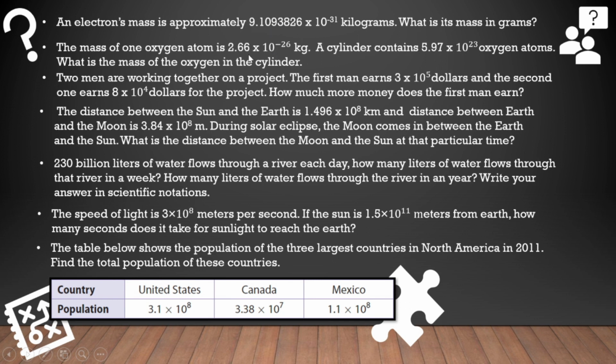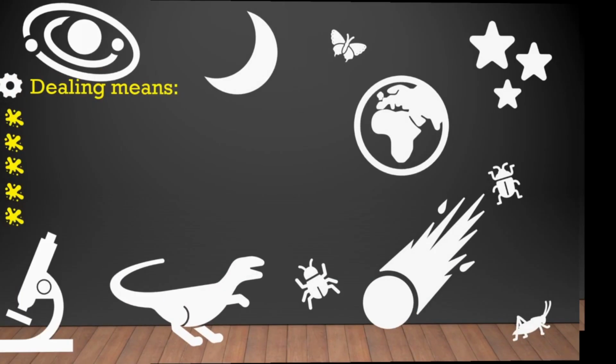This is very small and this is very large. So if we have to solve these problem sums, we should be able to operate these numbers expressed in scientific notation with each other. This is what I mean by dealing with numbers expressed in scientific notation form.